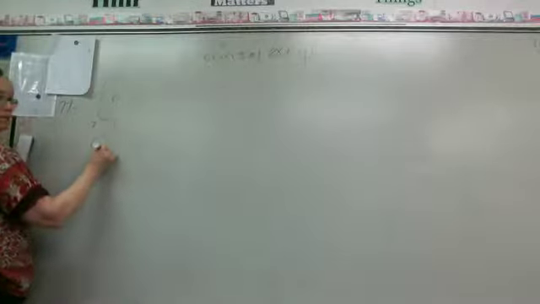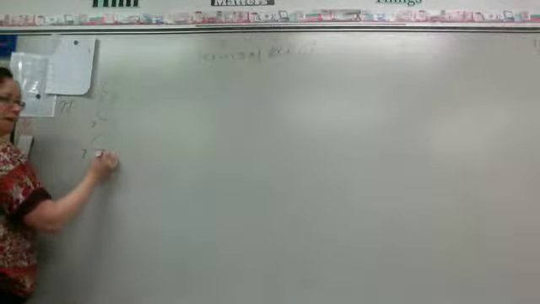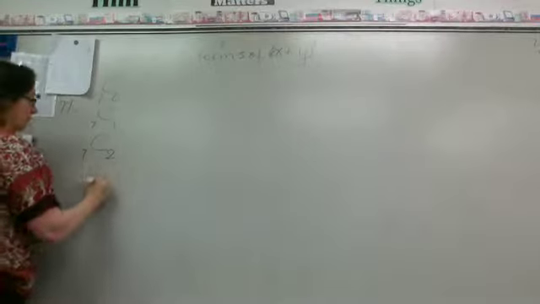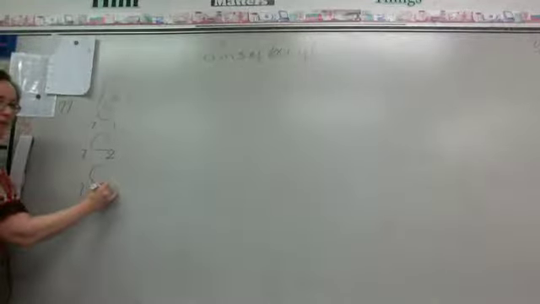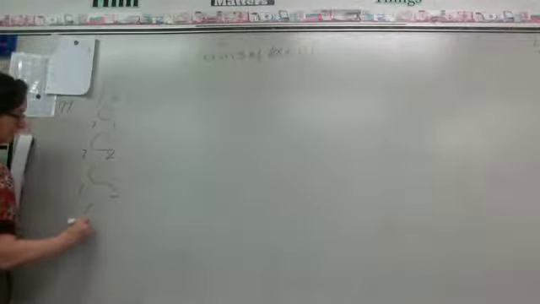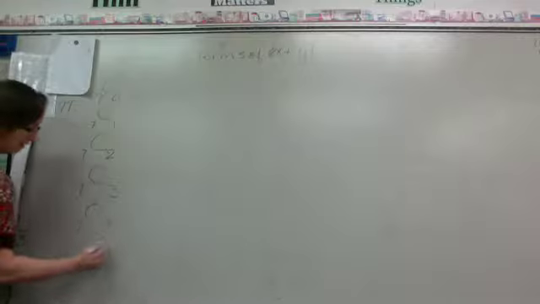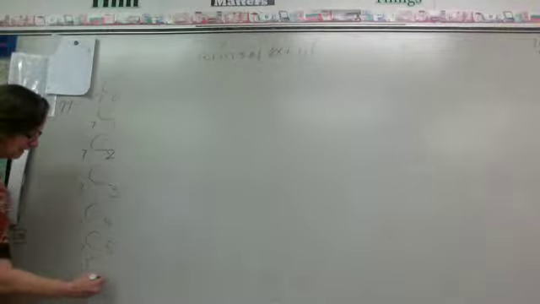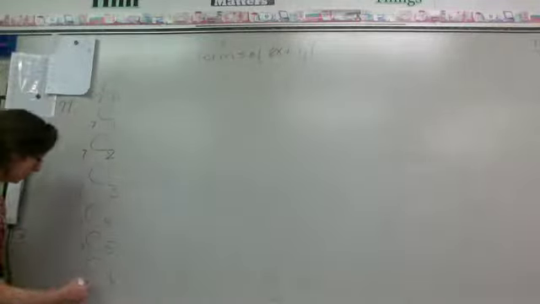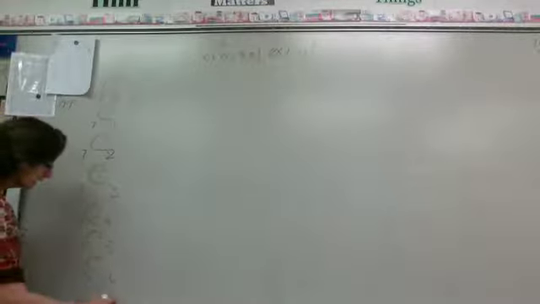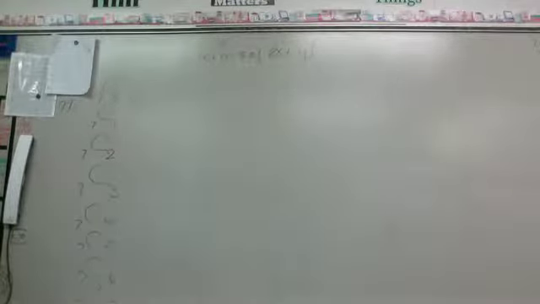Combination 7 things taken 2. Combination 7 things taken 3. Combination 7 things taken 4. Combination 7 things taken 5. Combination 7 things taken 6. And I'm out of room. Combination 7 things taken 7. So we have 8 terms that we have to figure out.